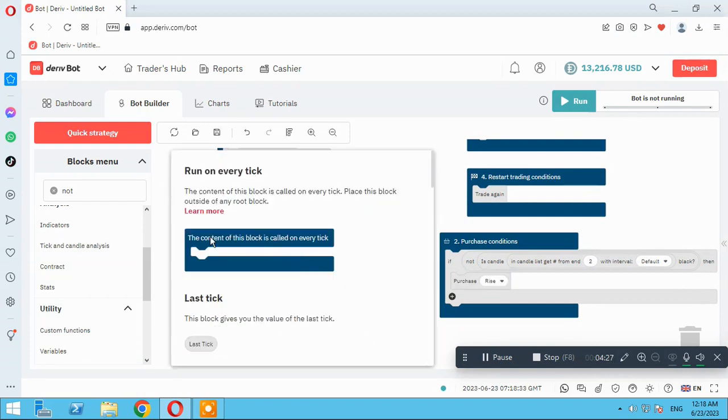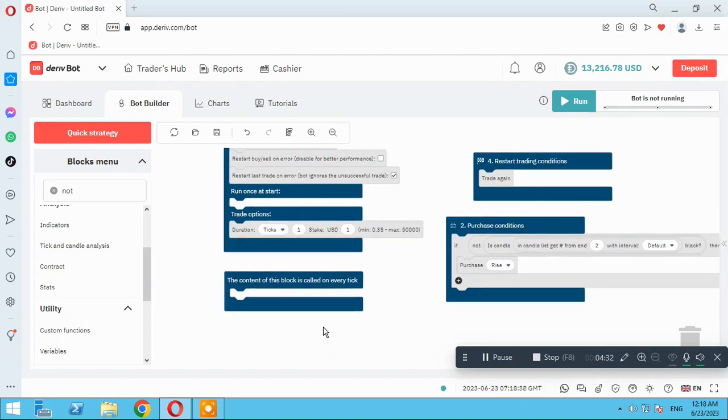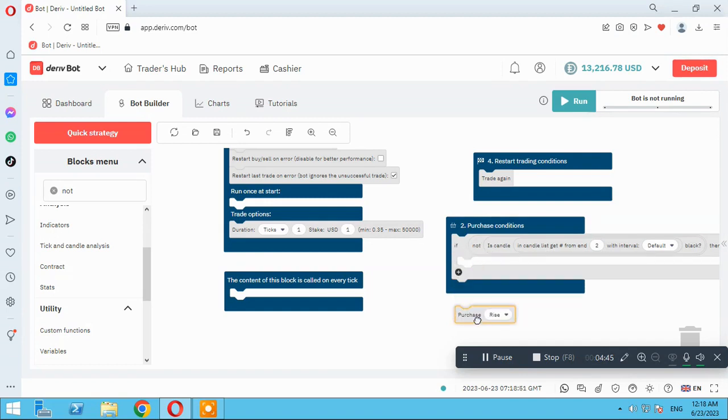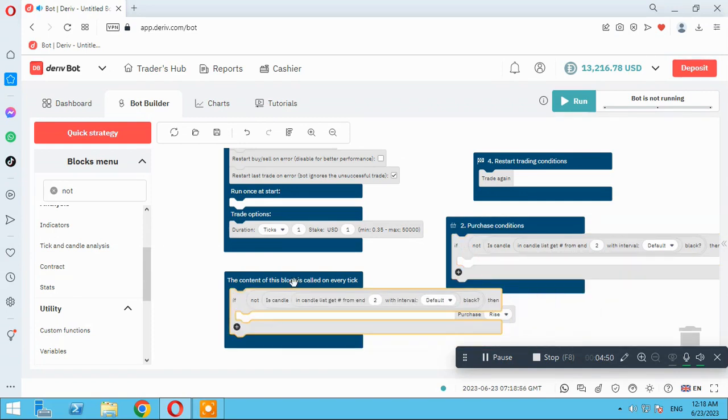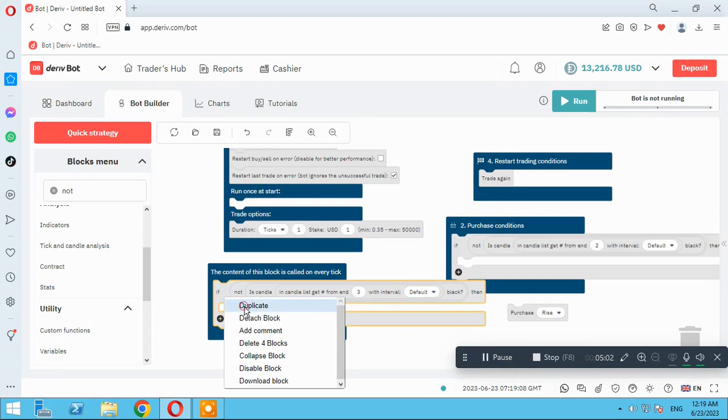I use this one, and in candle list, let me do this. If candle, for example, number 3 was green, we need another if on it.